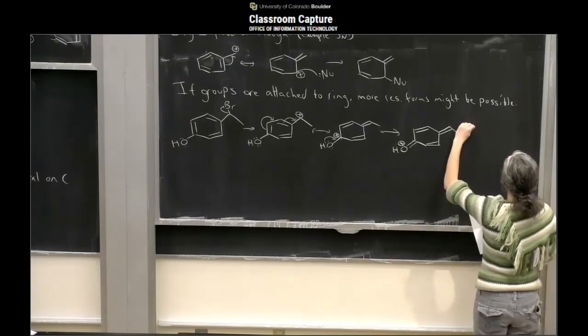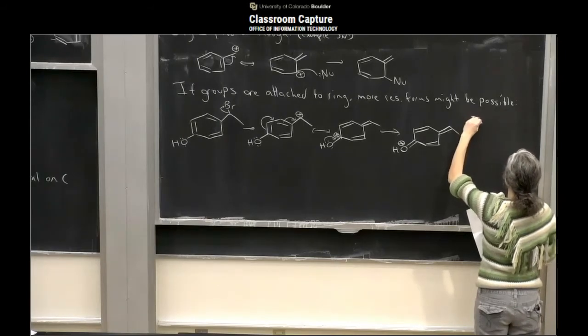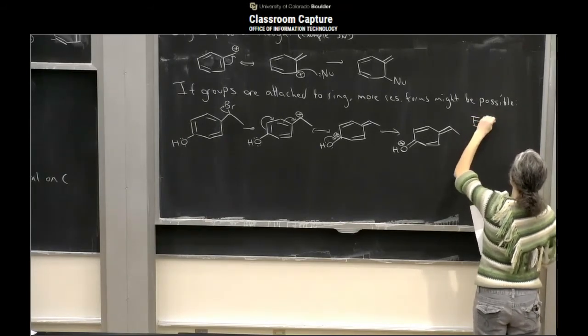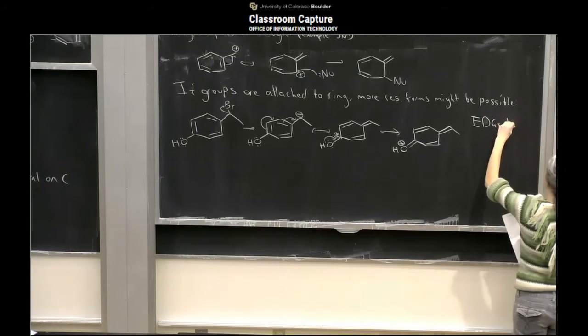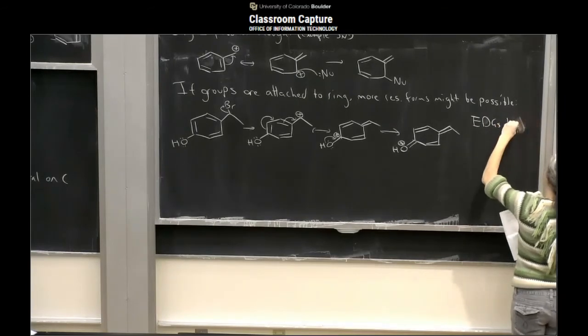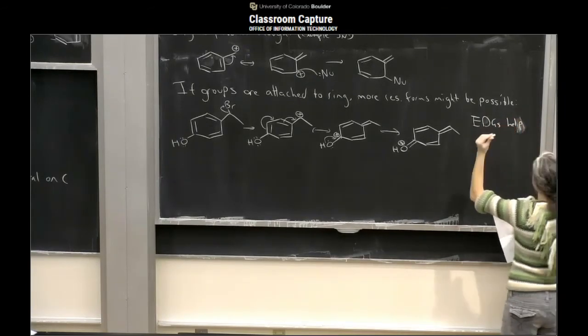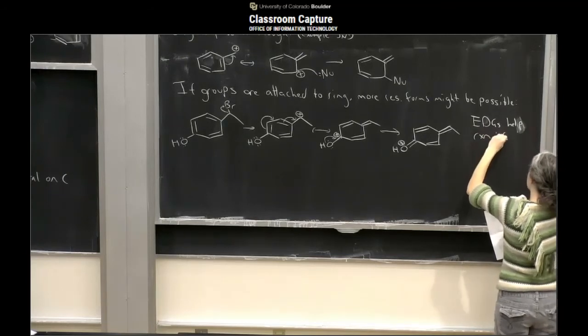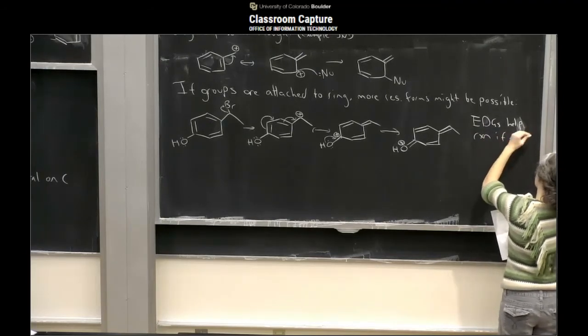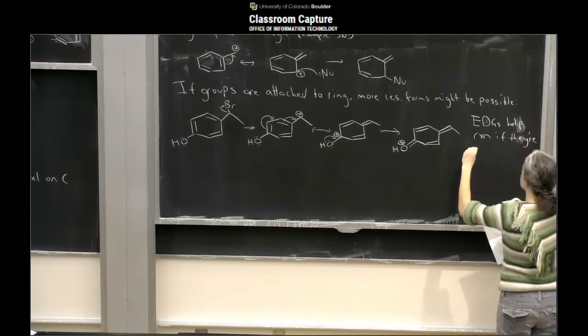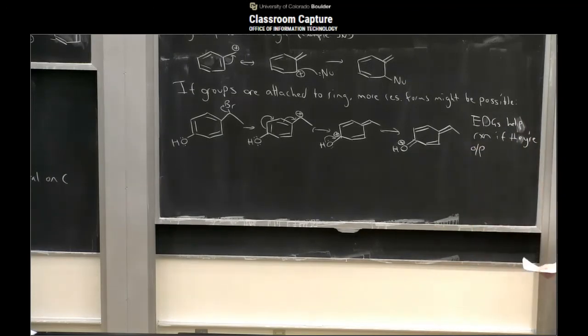So in other words, electron donating groups are going to help the reaction, or speed up the reaction, if they're ortho or para to the benzylic carbon.